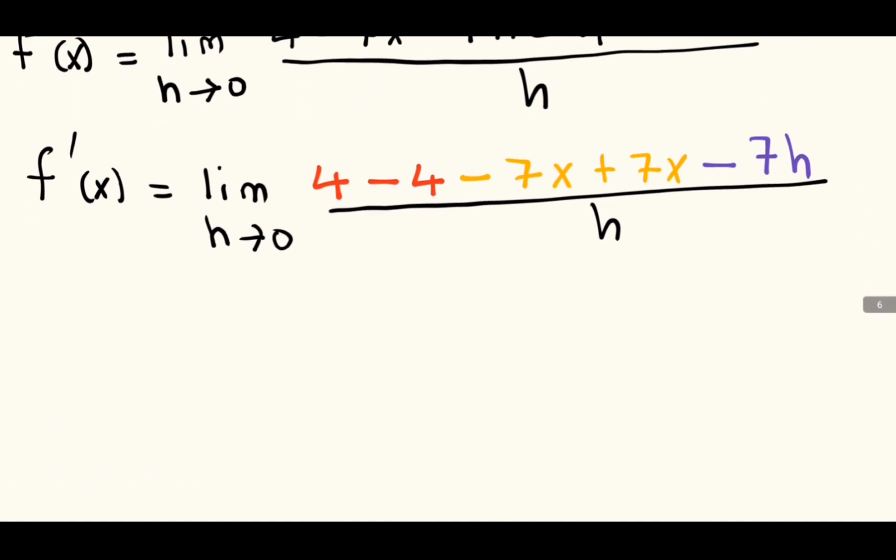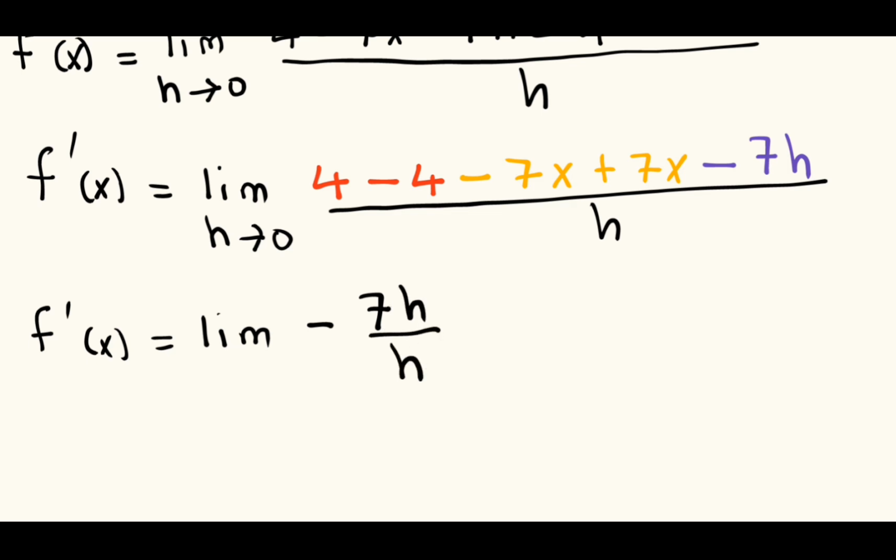So f prime of x will be equal to the limit of 4 minus 4, which is equal to 0, negative 7x plus positive 7x will also be equal to 0, and we'll be left with negative 7h divided by h as our h approaches 0.